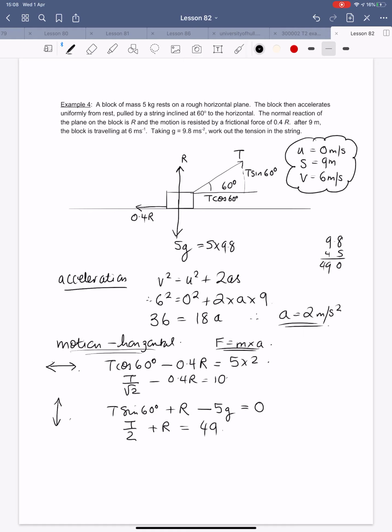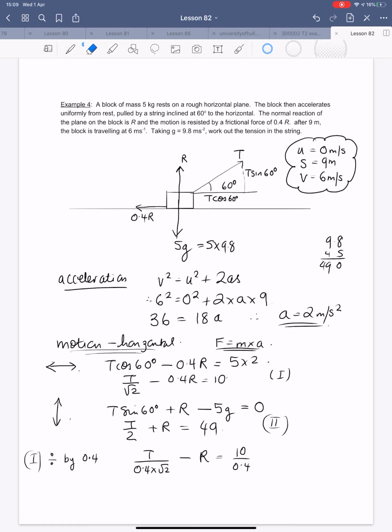So we've got simultaneous equations now. We need to work out T. Call this equation 1, and this equation 2. I'm going to divide equation 1 by 0.4. So T over 0.4 times root 2 minus R equals 10 divided by 0.4.